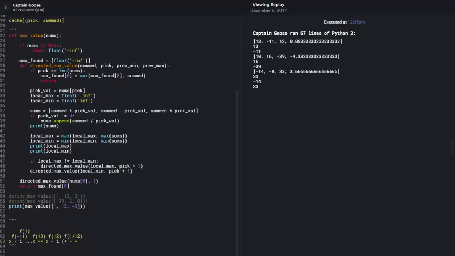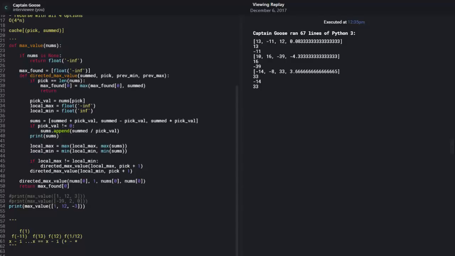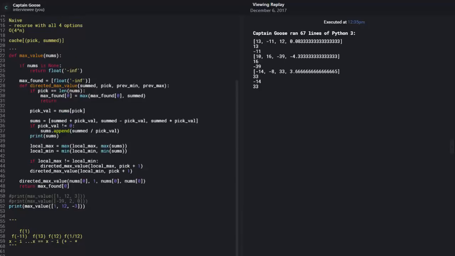Okay, let me try and code out what I think you mean by this. So instead of having my local max and mins assigned here, this kind of changes what I understand as being what you meant, where you just start off and pass along your maxes every time. Oh man, do I have a typo?